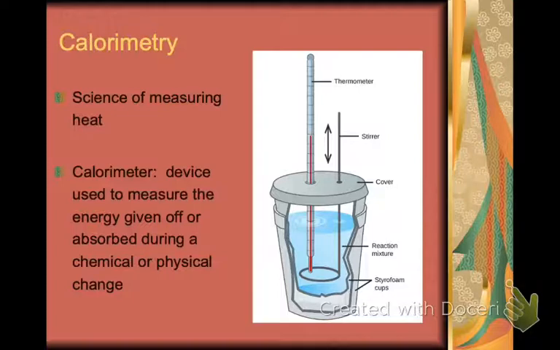And you can see it's filled with liquid, and that liquid is usually water. And maybe whatever chemicals you're using, those would be in there as well. So that is just a little look at the calorimeter before we get into the math portion.